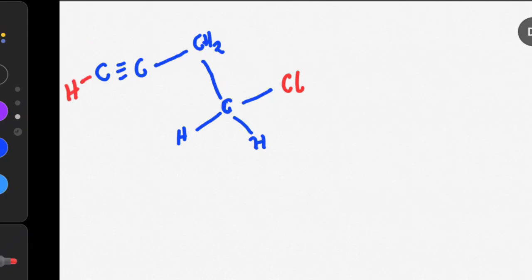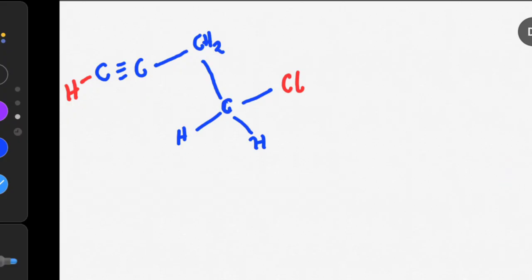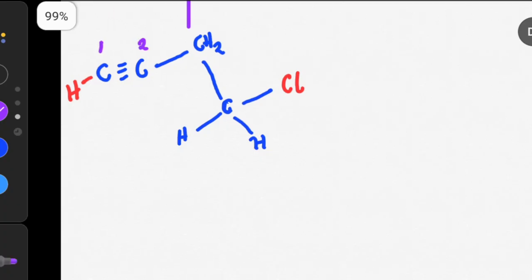Now we have to number. Remember, we have to give the substituent the lowest number possible, and then the lowest number possible for the functional group. If you look closely, the functional group here is an alkyne. If this is 1, this is 2, this is 3, and here will be 4, then I'm giving the alkyne, which is the functional group, the lowest number possible, which is 1.